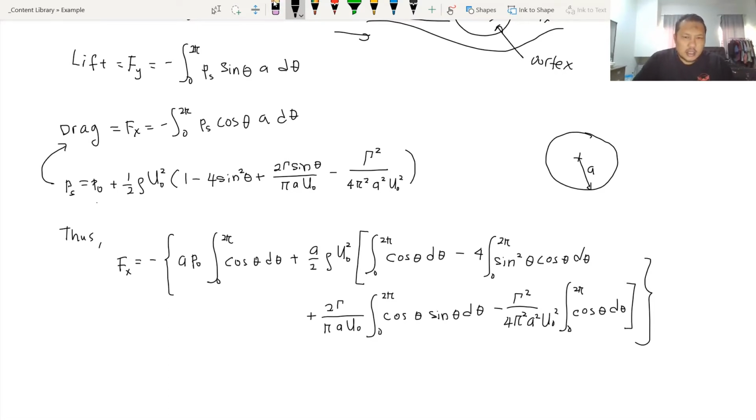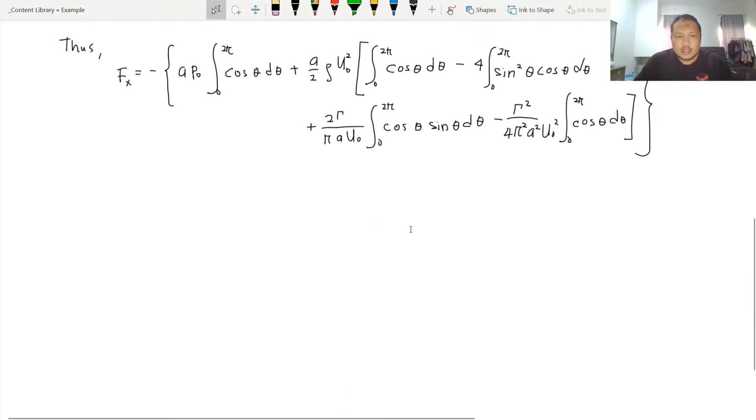Next, we try to solve this step by step in order to avoid making a lot of mistakes. We see that there are some common integrations of cos and sine. For example, this first term is the first form, and this one is similar to it.